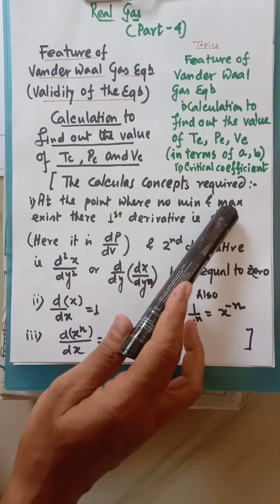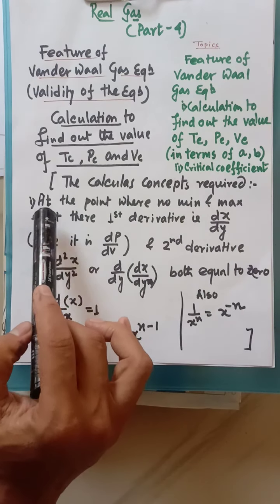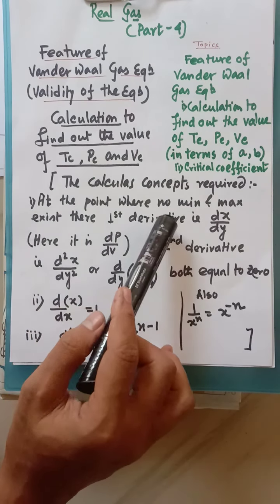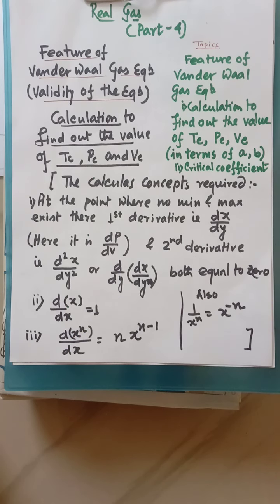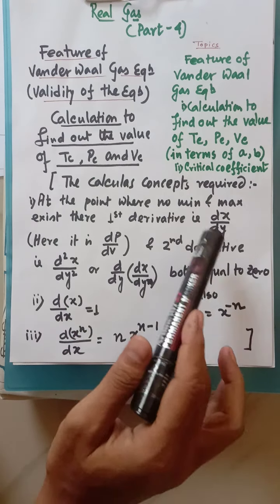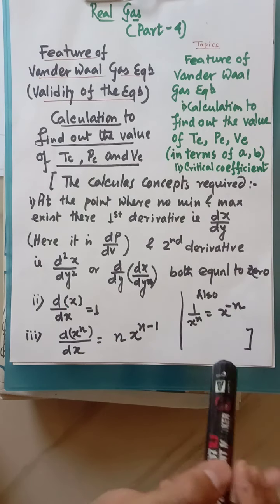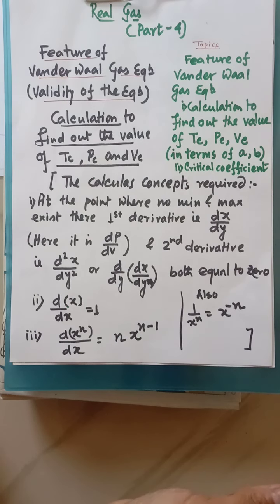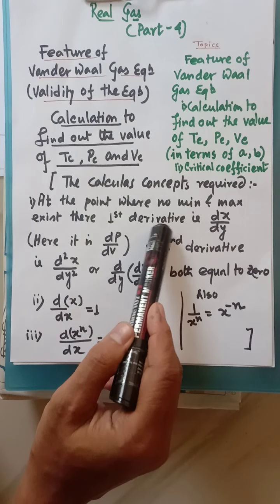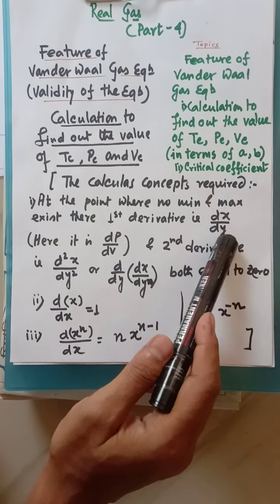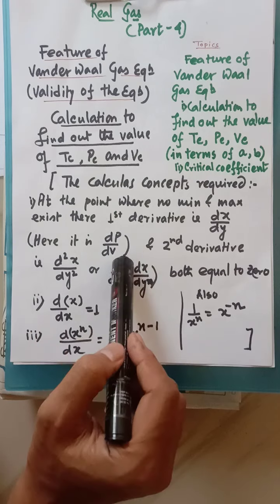In the calculus concept, we have to remember that at the point where a maximum or minimum vanishes, that means in any plot or graph, where there is no existence of maximum and minimum, the first derivative dy/dx, here it will be dP/dV, and the second derivative d2y/dx2, here d2P/dV2, both equal 0.